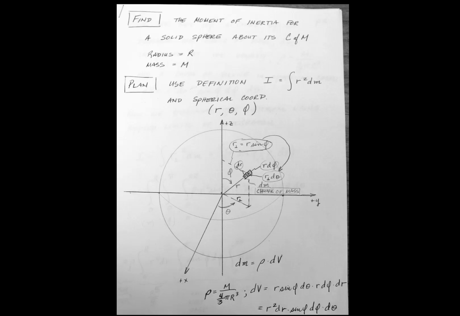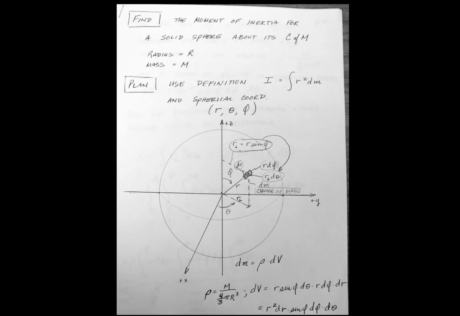If we're sweeping out a little arc in the xy plane, and you'll see an r perpendicular and then a little arc, that little length will be r perpendicular d theta. Okay? Now r perpendicular is r times the sine of phi, and I tried to indicate that to you in the drawing as well.